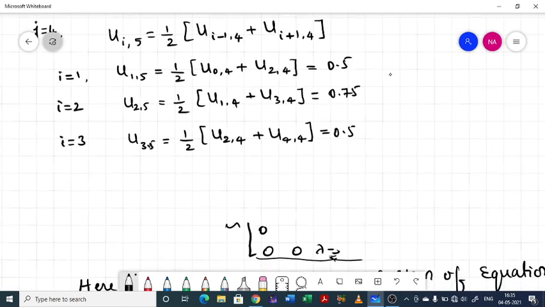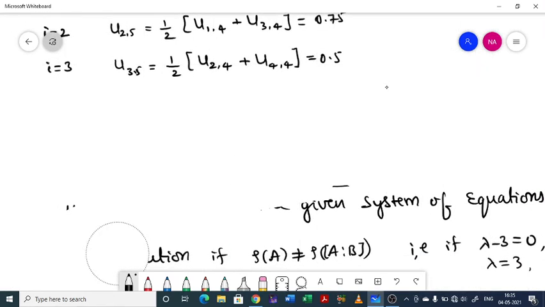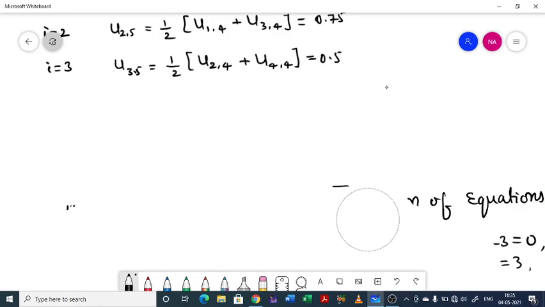Now we have to tabulate all these values. Let us tabulate all these values in a table. We shall write the table right now.